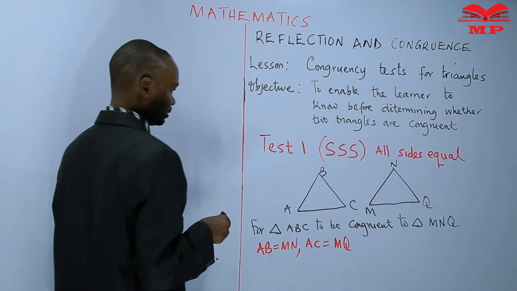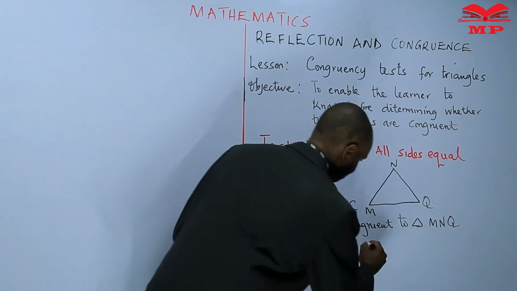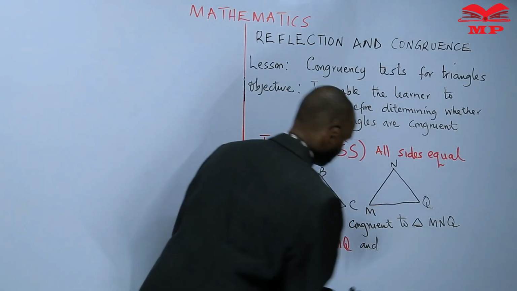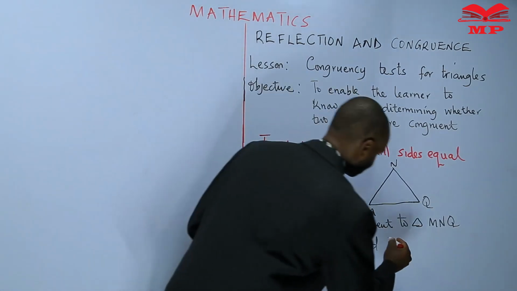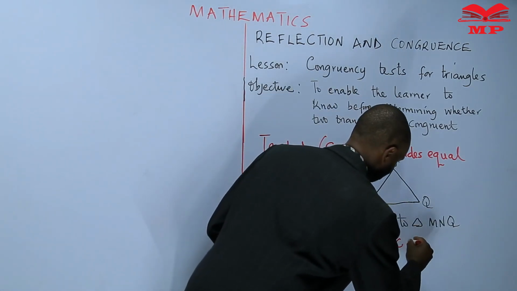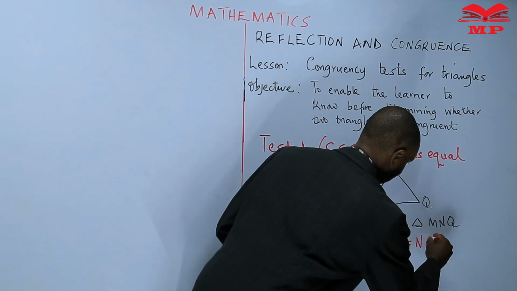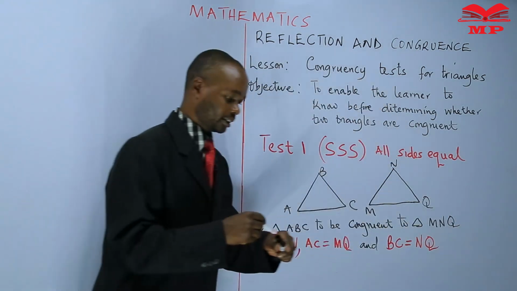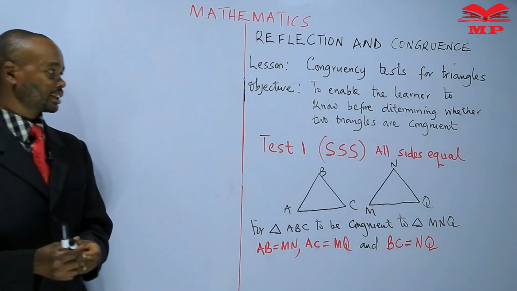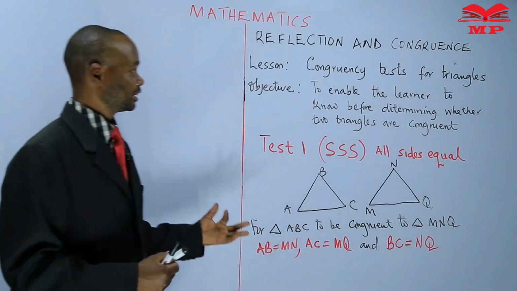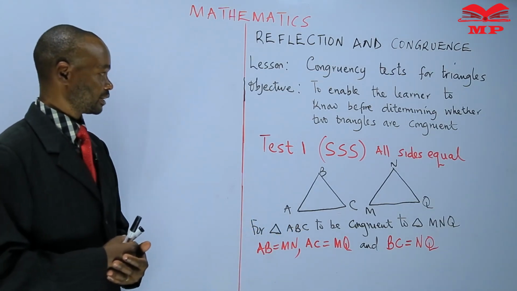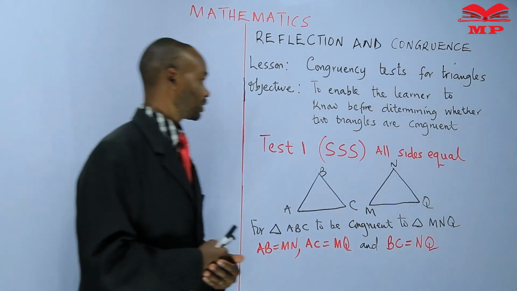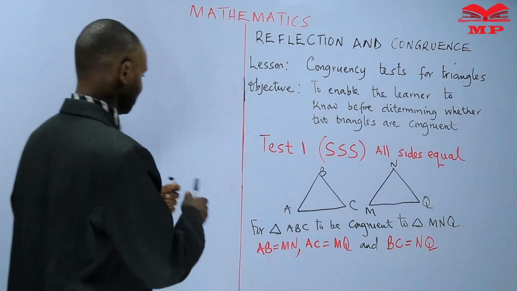And BC should be equal to NQ. That is the first test. SSS. All the three pairs of corresponding sides should be equal.